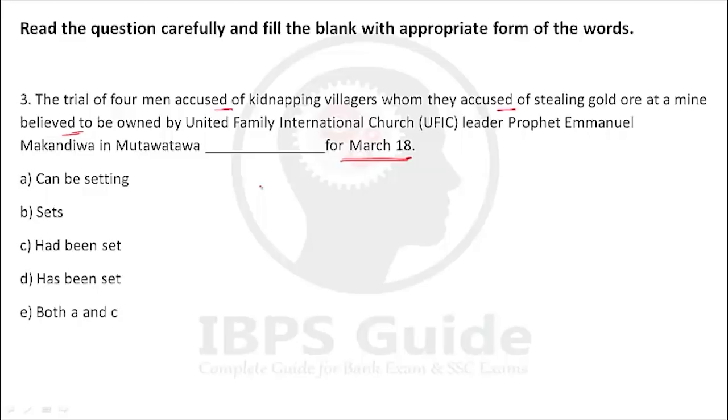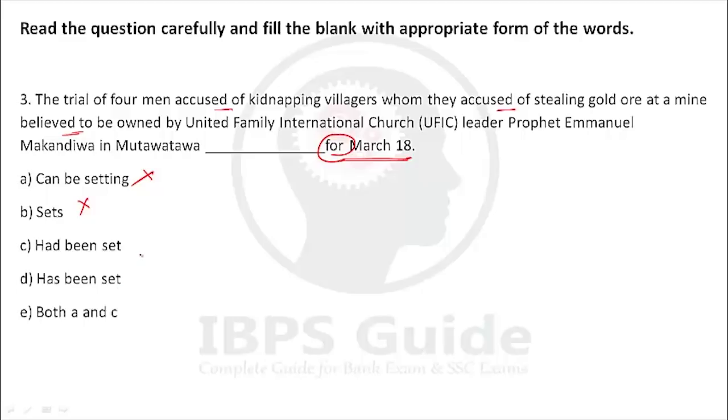Trial is completed past, accused is completed past, believed is completed past, but the leader, United Family International Church leader Prophet Emmanuel Macandia dash for March 18. For March 18, first and foremost thing, whenever we put "for", we have to take a perfect tense. Maybe perfect continuous, maybe present perfect, past perfect, whatever, but we have to take a perfect tense. So from this point of view, option A cannot be correct, option B cannot be correct.